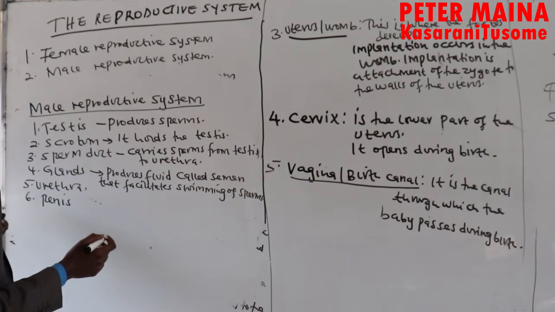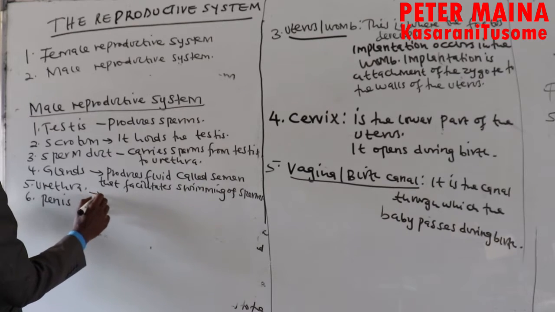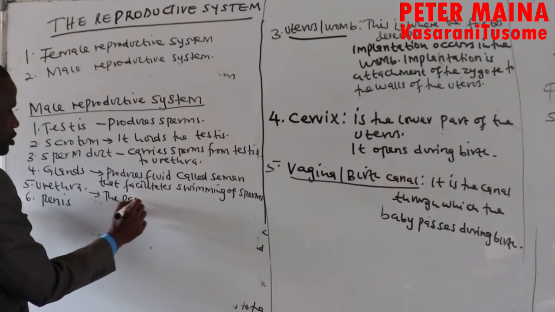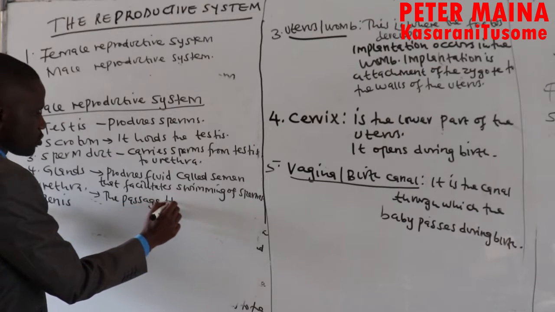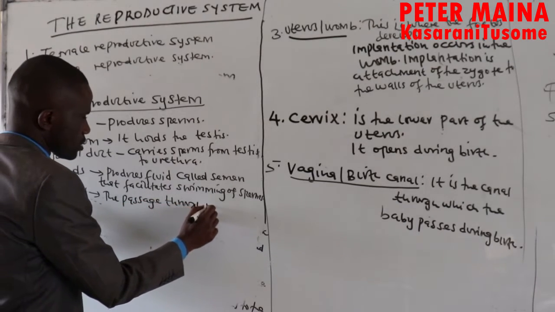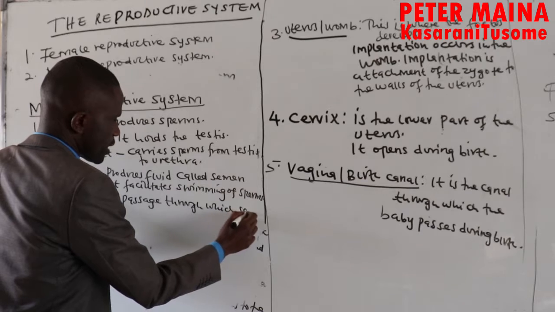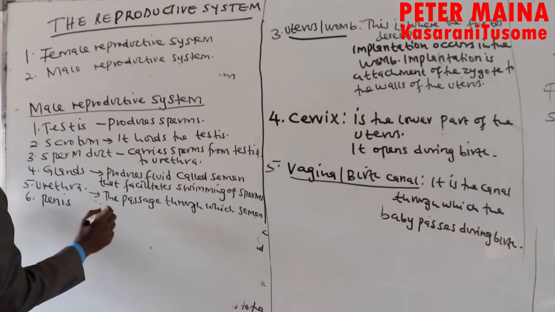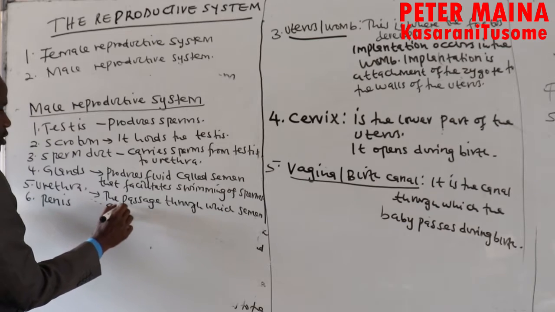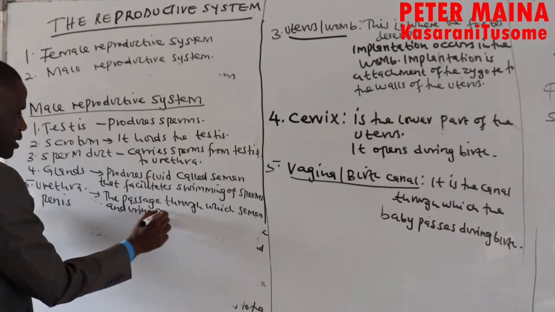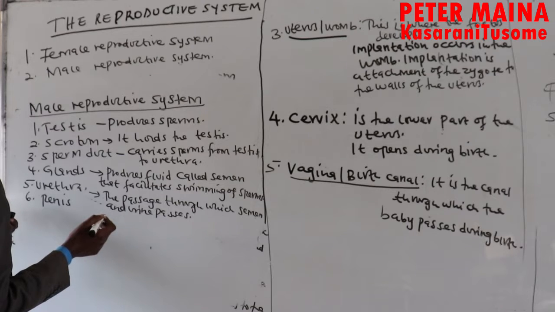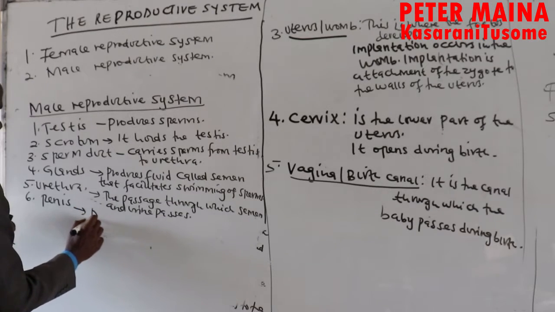Then we have the urethra. It provides the passage through which semen and urine pass. And then we have the penis, which deposits sperms into the vagina.